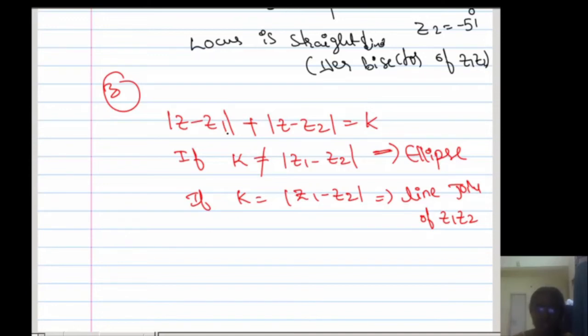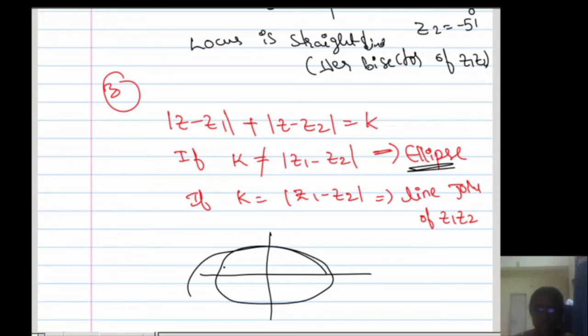For example, the ellipse. How the ellipse is formed, I already told in the previous session. Okay, let me draw the ellipse properly. So what is my concept here? If you take any point z on this, suppose I take z1, z2.